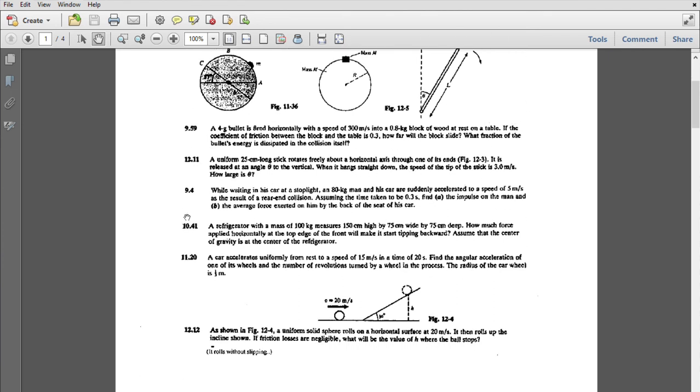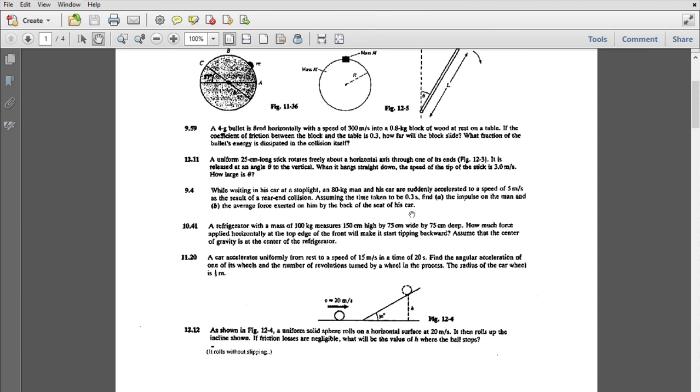Problem 9.4. While waiting in his car at a stoplight, an 80-kilogram man and his car suddenly accelerated to a speed of 5 meters per second as the result of a rear-end collision. Assuming the time taken in this process is 0.3 seconds, find the impulse on the man and the average force exerted on him by the back seat of his car.